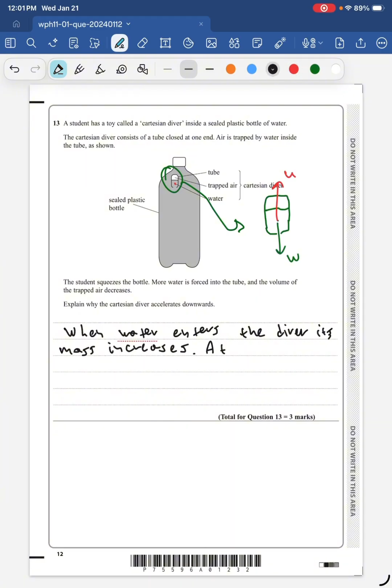So let's keep answering. When water enters the diver, its mass increases.